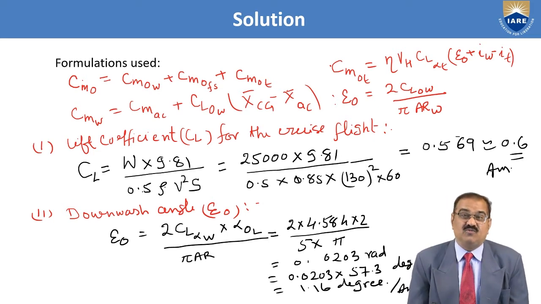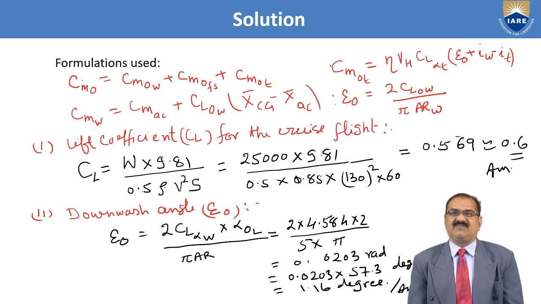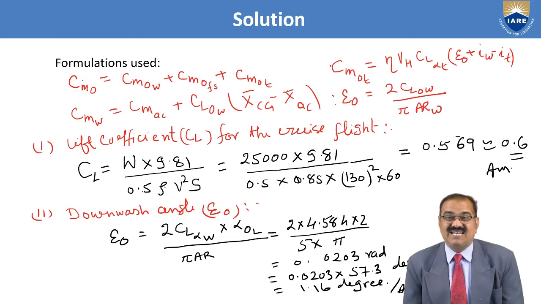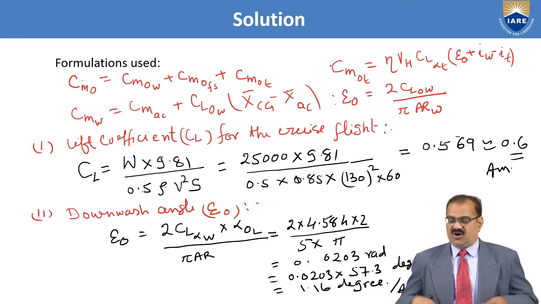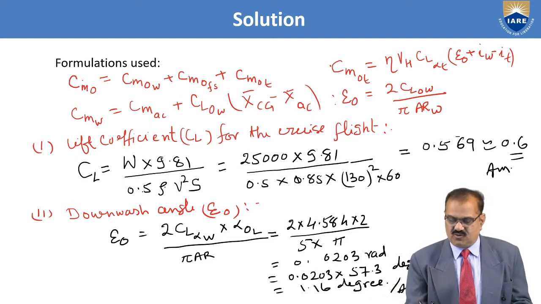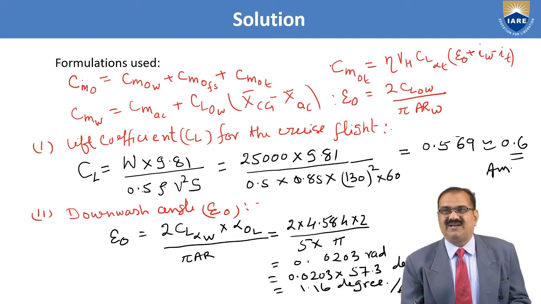And CMW, the wing, is equal to Cm AC plus CL naught W times XCG minus XAC. And epsilon naught, that is the downwash angle, is equal to 2 CL naught W divided by pi times aspect ratio of the wing.